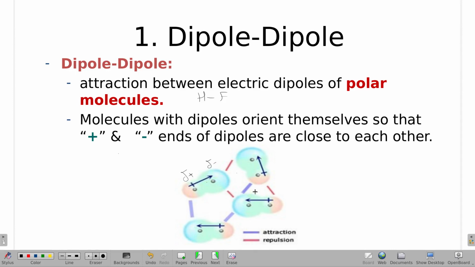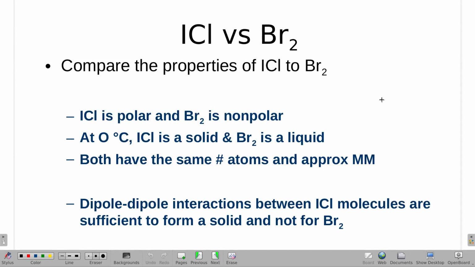Now, this is going to happen anytime you have a polar molecule. So as long as you can identify that a molecule is polar, it's going to have dipole-dipole interactions. Alright, that's going to help us understand what's going on with something like ICl versus bromine-bromine. Because I chose these two because ICl is made up of our halogens, and just two of them.